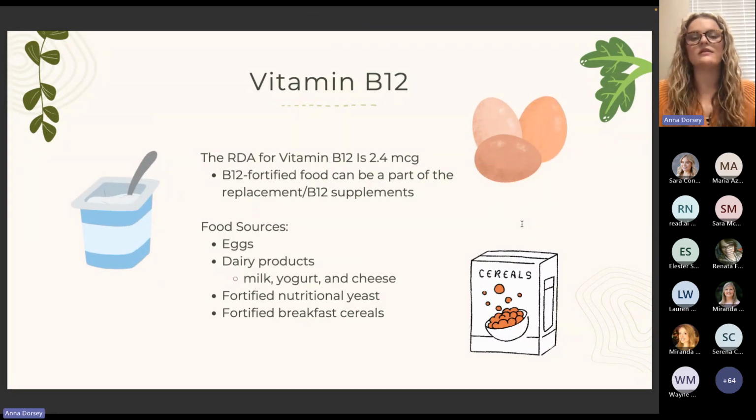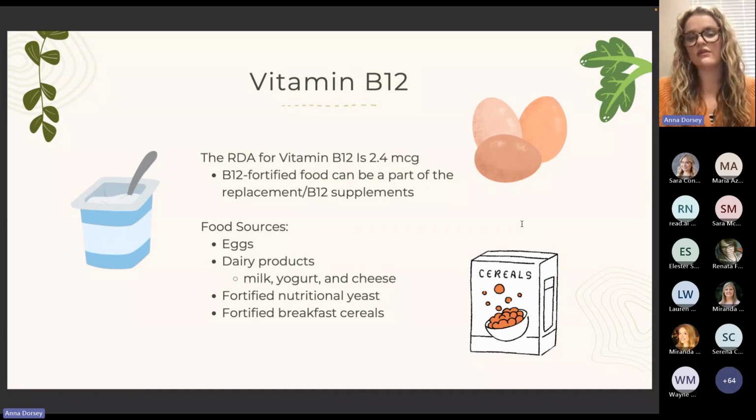The recommended dietary allowance for vitamin B12 is 2.4 micrograms. It's just something to be aware of, that's the recommended amount they say you should get. And there are some really easy ways that you can implement B12 into your diet through either fortified foods or you can take a vitamin B12 supplement.